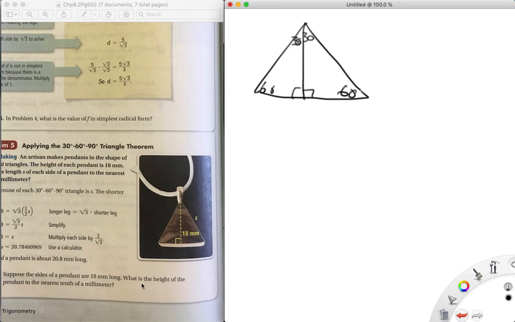And they say, what is the height of the pendant if all the sides are 18. Since this is a perpendicular bisector, this is going to be 9, this is going to be 9. So they want to know what the side of this guy is.